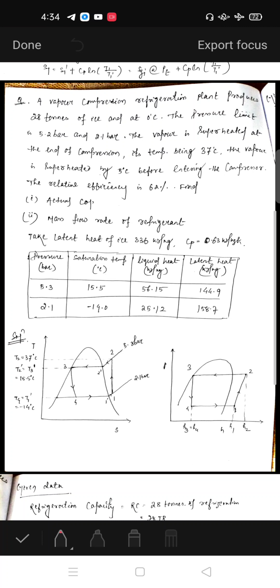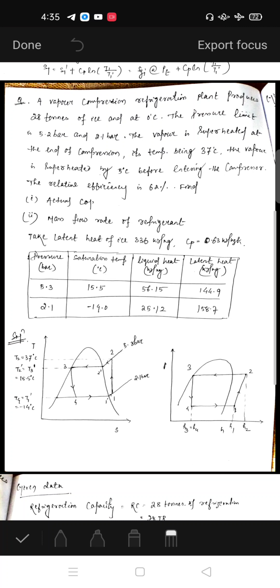The pressure limits are 5.3 bar and 2.1 bar. The vapor is superheated at the end of compression. Its temperature is 37 degree centigrade.